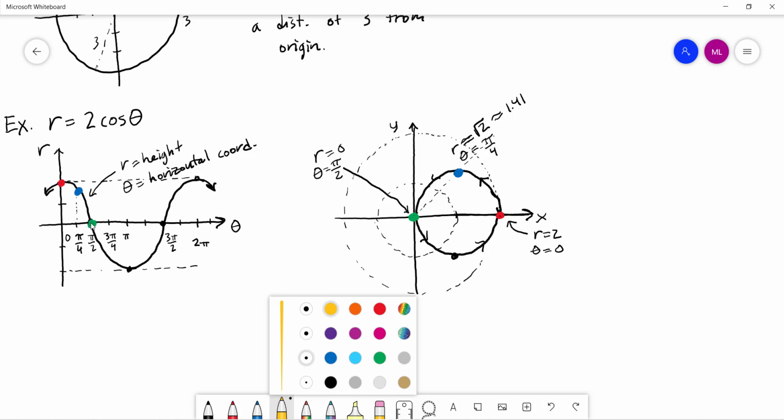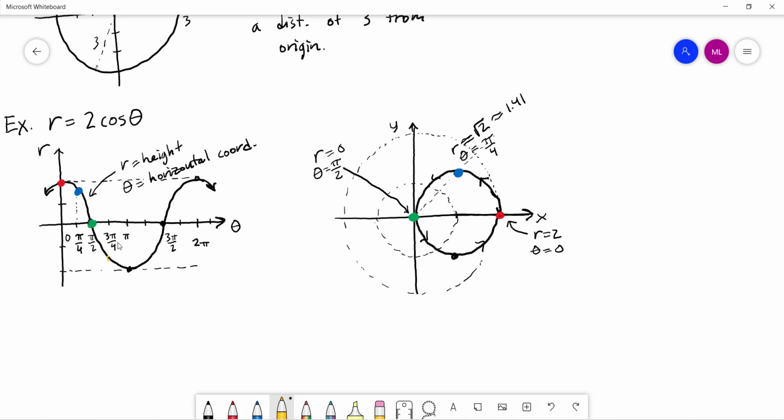And if we continue on further, maybe I'll have to pick a new color here, yellow. If I go down to, say, 3 pi over 4, that'll give me this point right here. It turns out that number right there, when I plug in 3 pi over 4, the cosine of 3 pi over 4 is negative root 2 over 2. I'll multiply that by 2 and I'll get negative root 2. And that's going to correspond to this point here, which is funny because I'm going in this direction, right?